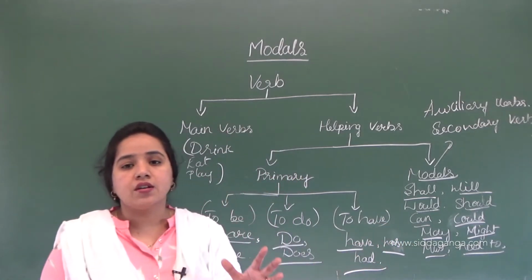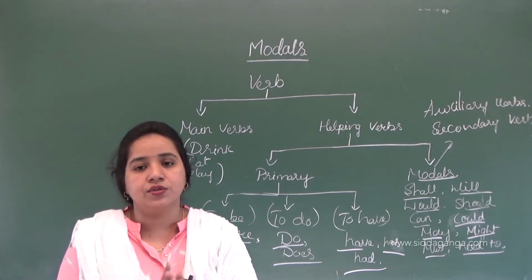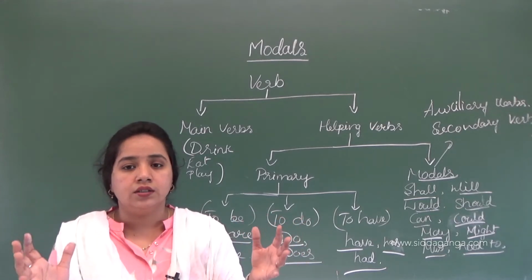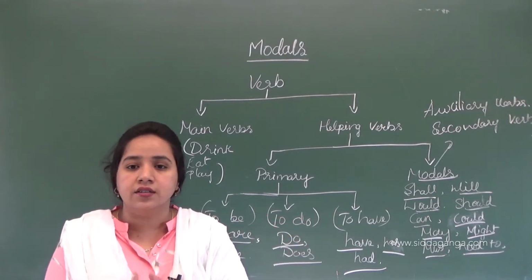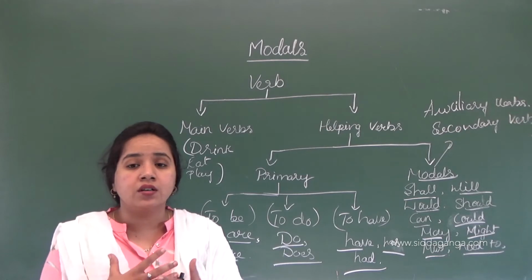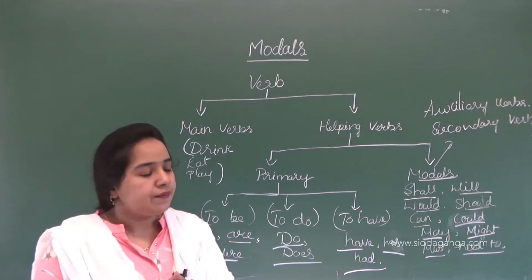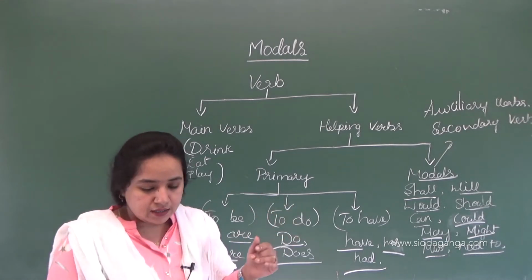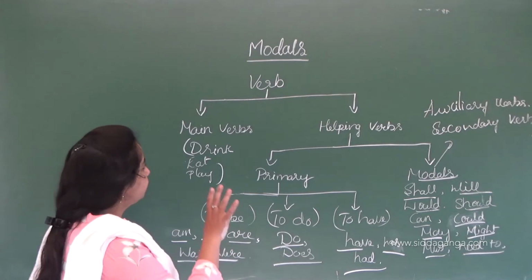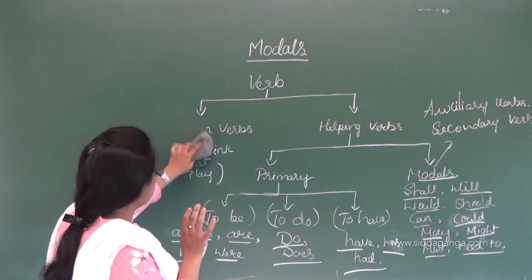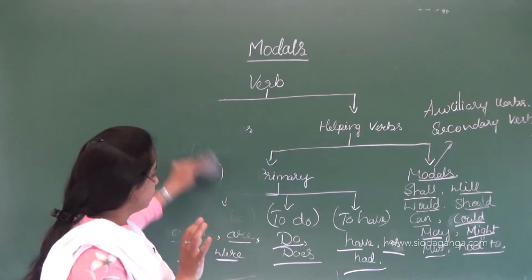These are called modals. Now you have understood how these modals exist in grammar and what their roles are. Now I am going to do a detailed study of modals.